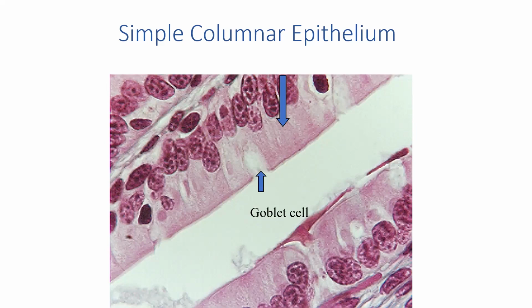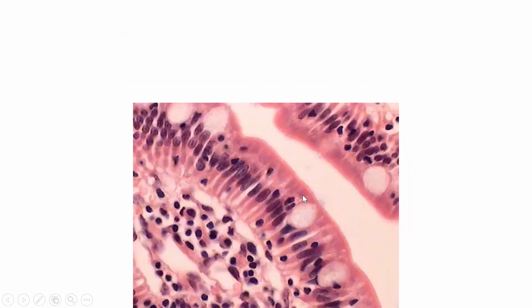We've got lots of goblet cells in our mouth, which is why we call it a mucous membrane. We have goblet cells lining our esophagus, our small intestine, our large intestine, our rectum, because we don't like friction. Friction hurts. And so we have lots of mucus being generated by these goblet cells. Every one of these little structures here is a goblet cell. There, and there, and there, and there, and there.